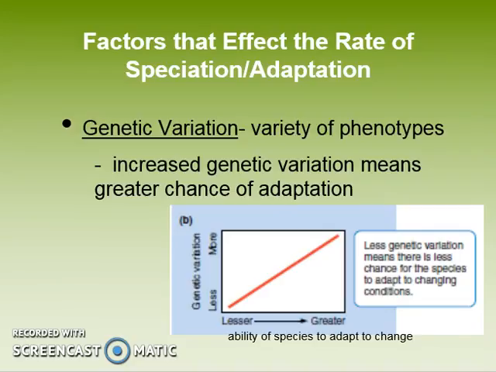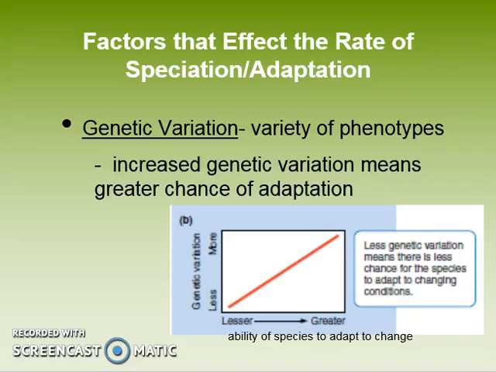Next is genetic variation. The greater your genetic variation within your population, the easier it is for a population to adapt, because they have more genetic variability to select from in order to survive.